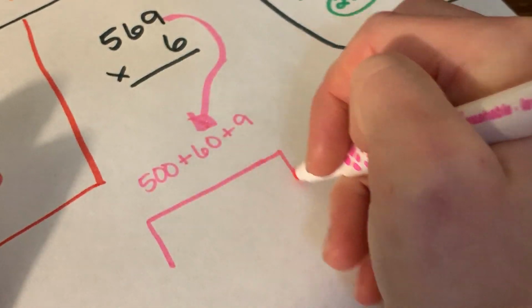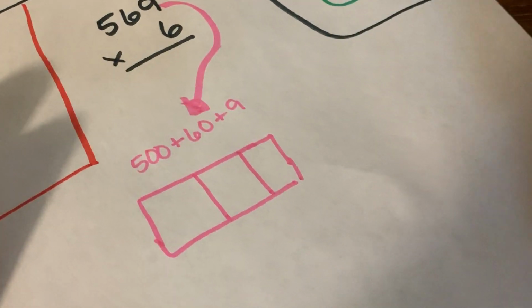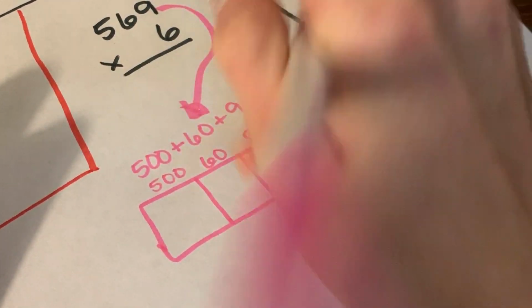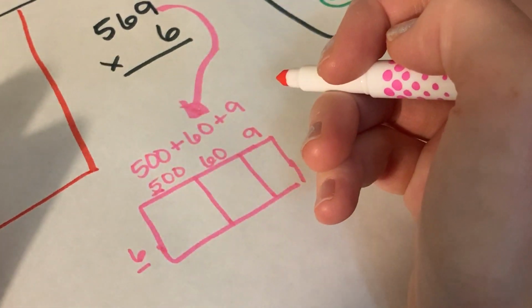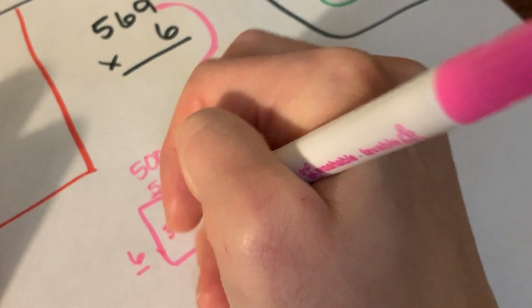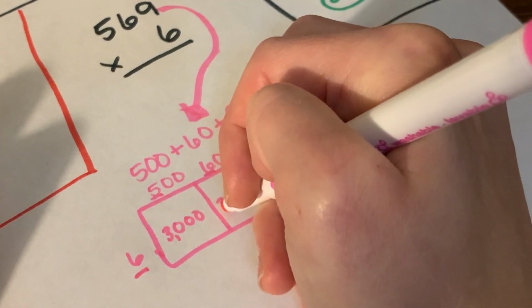If I were to use the area model, I would be breaking my rectangle into 3 parts. 569 times 6. 5 times 6 gives me 30. Tack on 2 extra zeros, so now I have 3,000. 6 times 6 gives me 36.